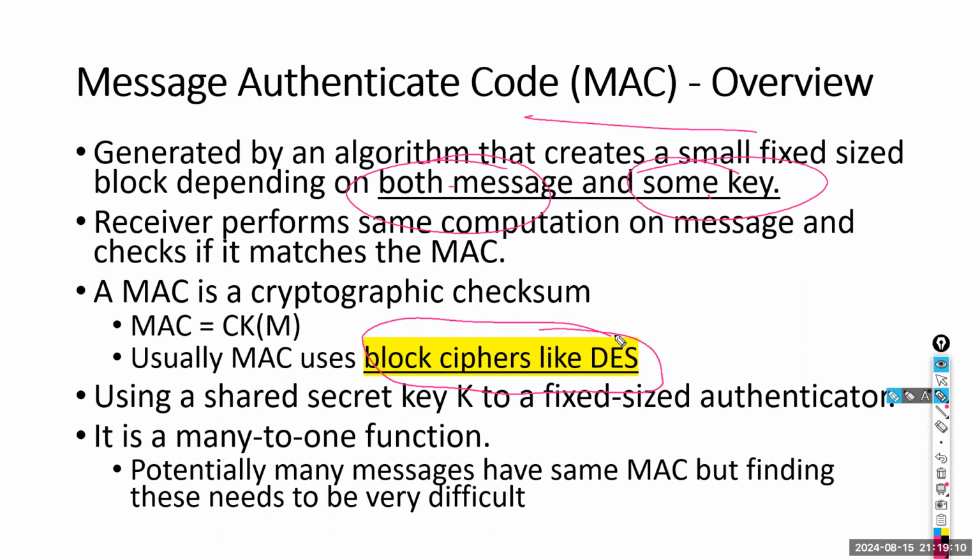And of course, we use a key. So we need to keep that key secret. And still we get the fixed size result. Digest is fixed size. So therefore, the only difference between hash and MAC is that MAC additionally uses a key, and MAC functions are mostly block ciphers like DES, not hash functions.